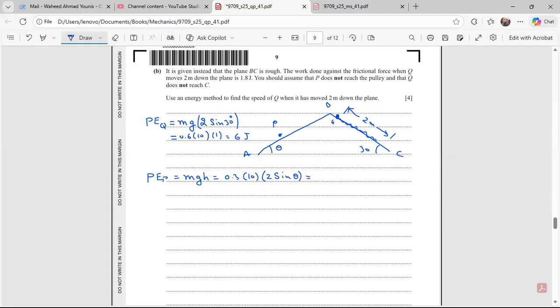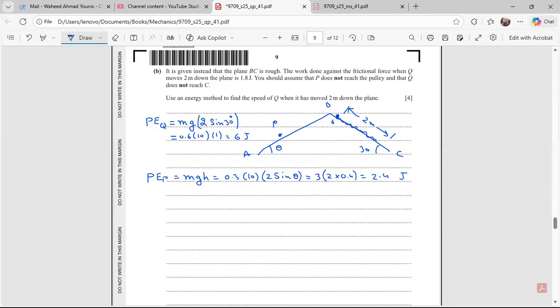So 0.3 times 10 times 2 times sine theta, given as 0.4. Remember? So this is going to be 2.4 joule.